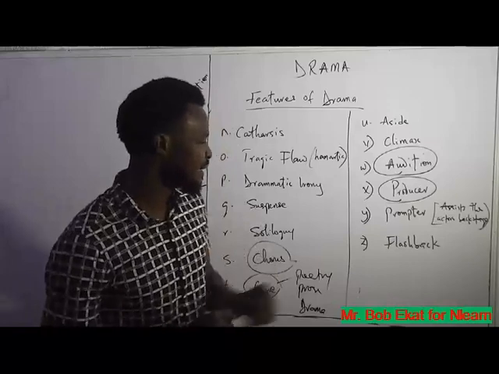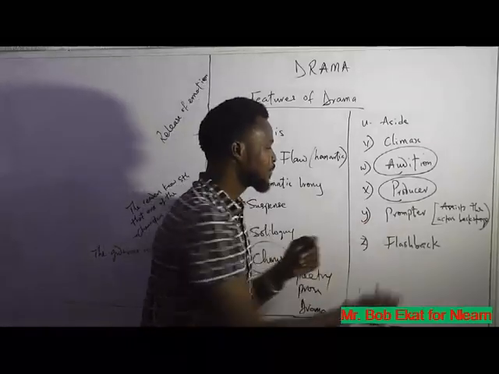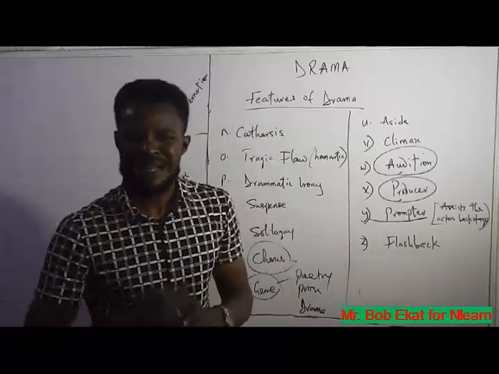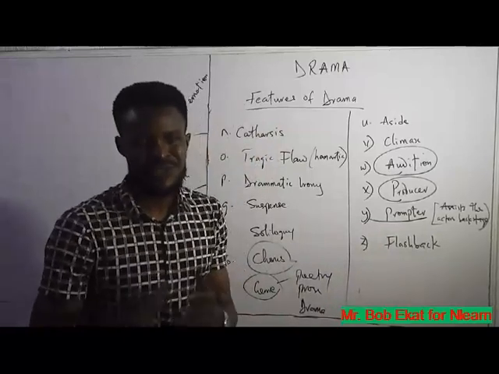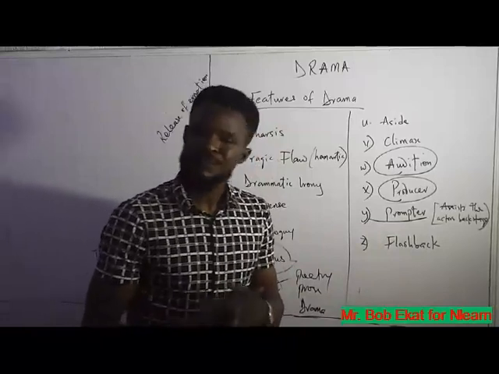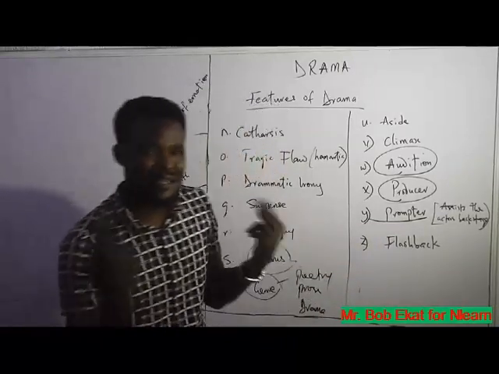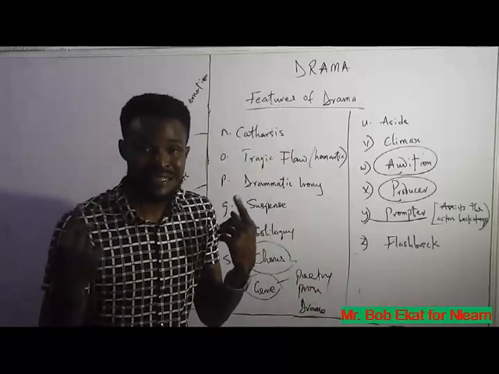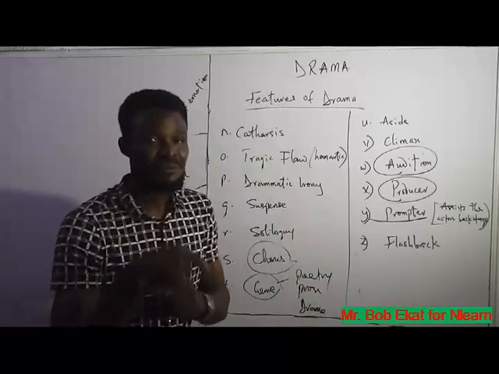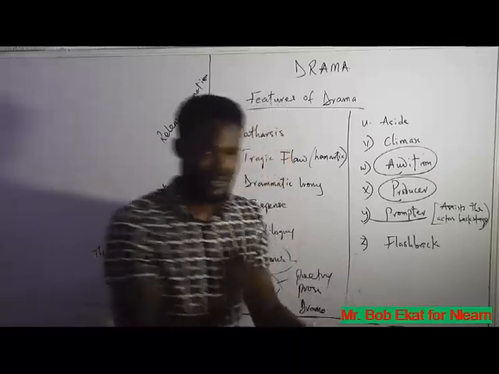The next point is prompter. The prompter here is always backstage, assisting the actors. When you see actors come on stage, there's always somebody behind the scenes who doesn't get seen by you, the audience, but who is seen by the actors every time they go backstage.